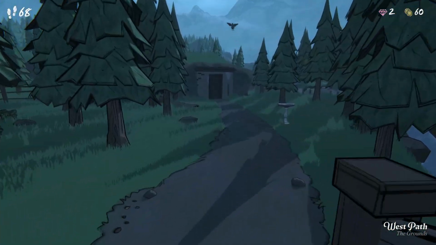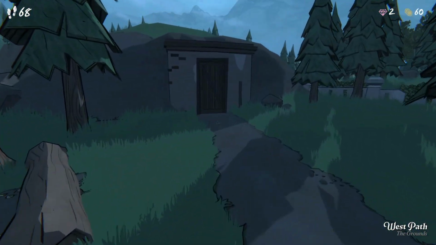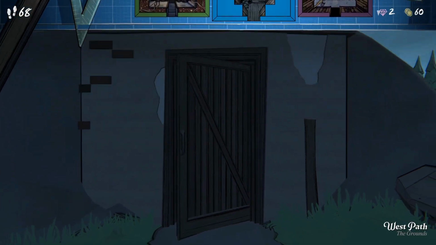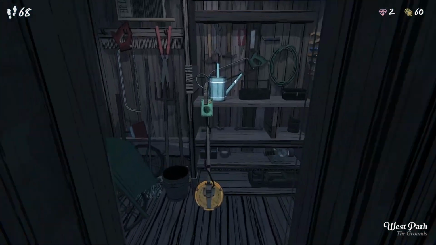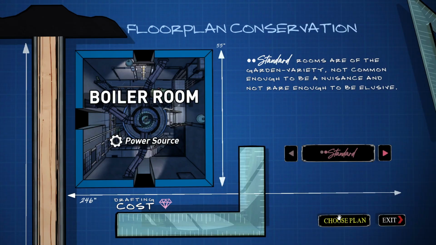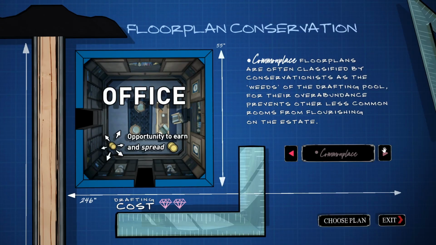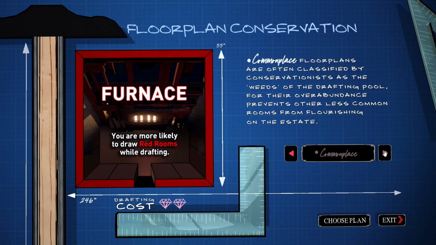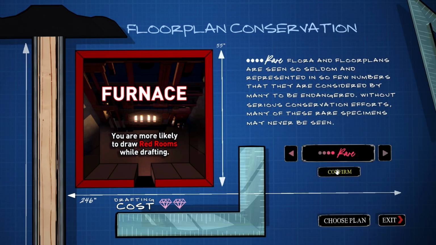Let's see if we can get the tomb today. No? Let's do this one then. Oh, good. That's lucky. A boiler room is good. Office could be a little bit where I don't like it very often. Since when does furnace cost money?